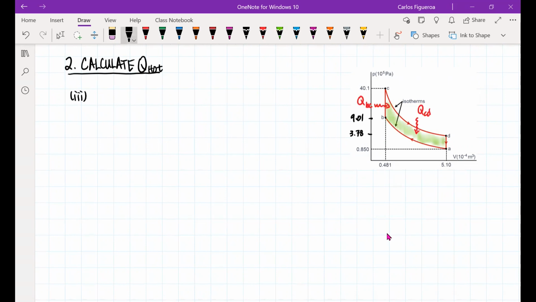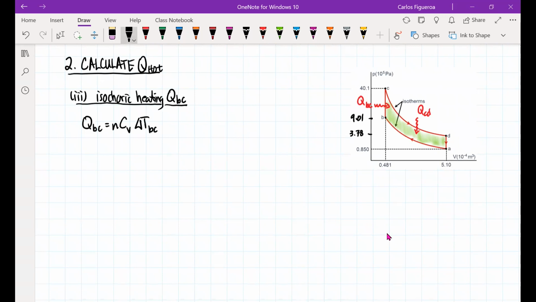The first one I'm going to do is the isochoric heating, QBC. So let's go look at that. This is heating at constant volume, so this will be QBC. It's going to be nCV delta T of BC.